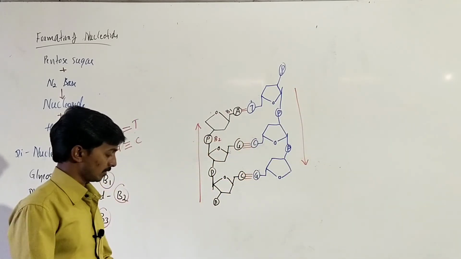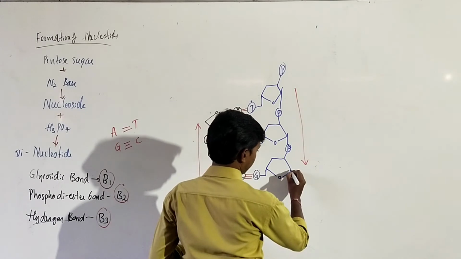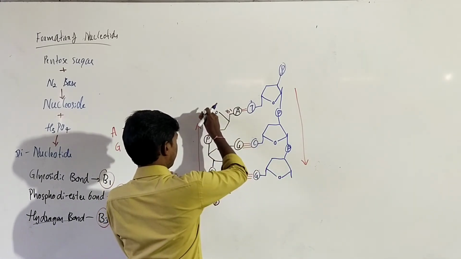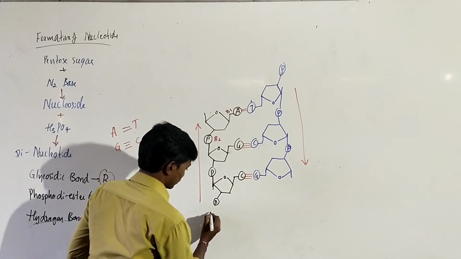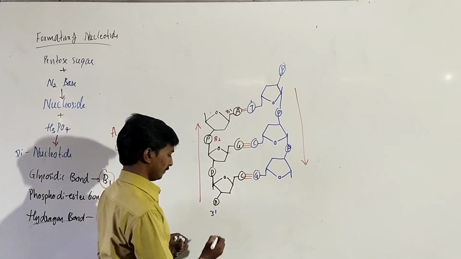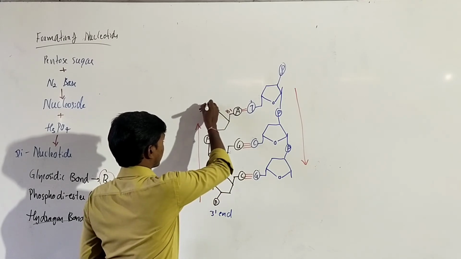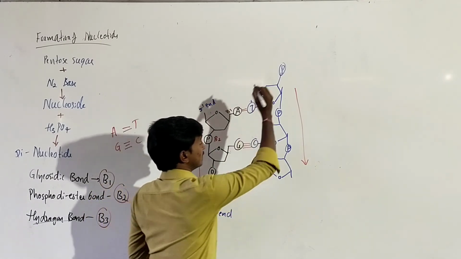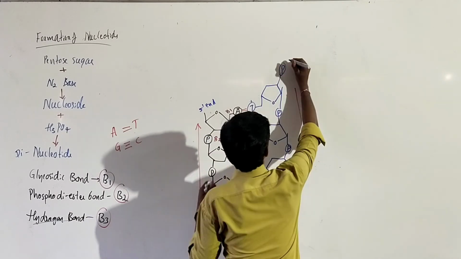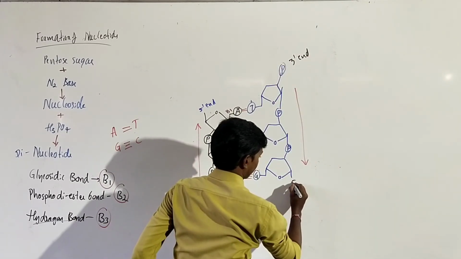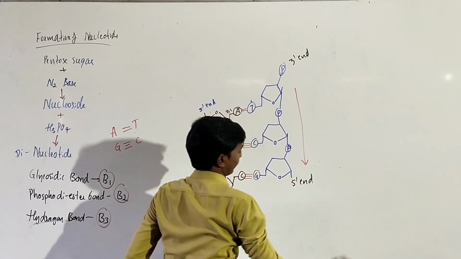Okay, so we can now label the ends of the DNA. You can label the ends as this the 3' end, this the 5' end, this the 3' end, and this the 5' end.